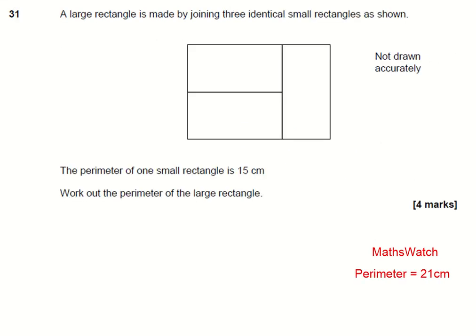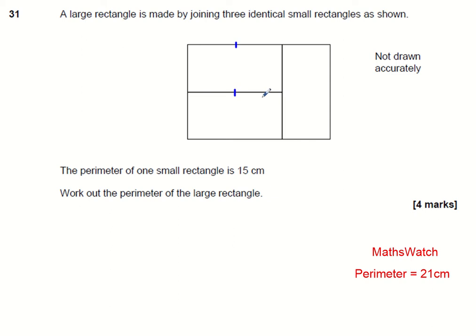Question 31. A large rectangle is made by joining 3 identical small rectangles as shown. The perimeter of one small rectangle is 15 centimeters. Work out the perimeter of the large rectangle. Right, you can see that one large section, so one length of this rectangle, is made up of 2 of the widths, which means that if we just take one rectangle on its own, that large section is the same as 2 of these widths.